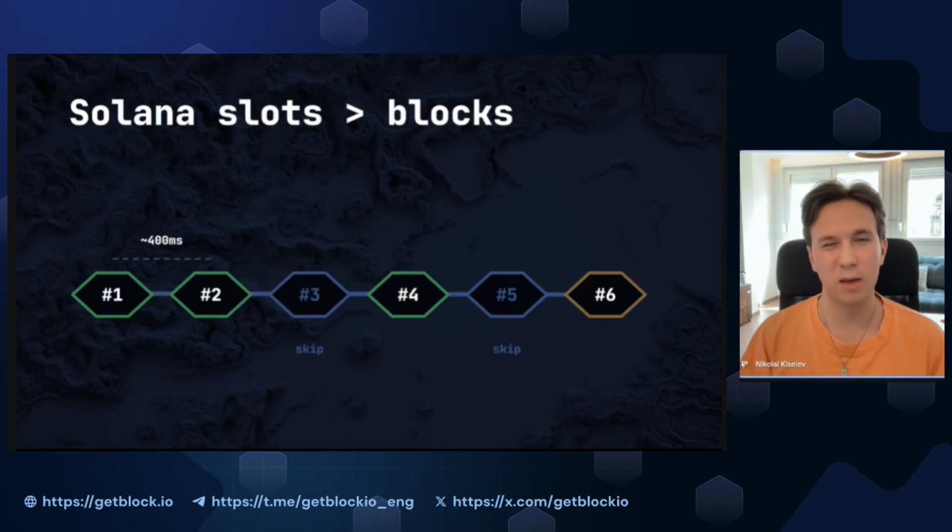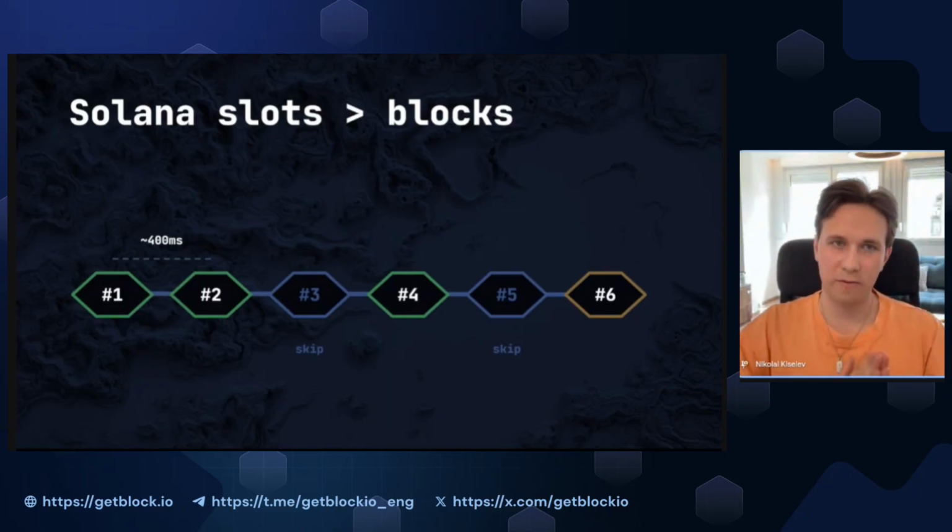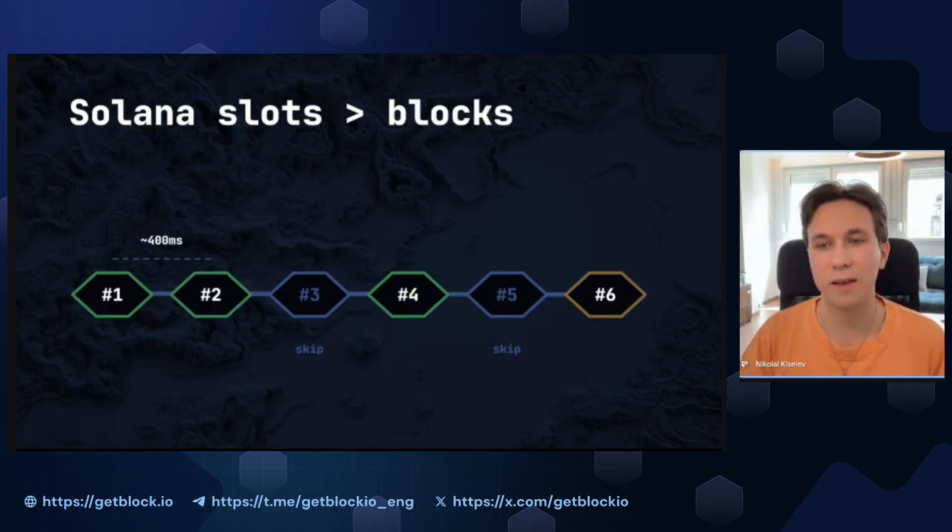It's fixed time, about 400 milliseconds between each slot, and it can be either a slot with a block, or a skipped slot. If there are not enough events or something happens like networking issues, it will be skipped. The idea is to have Solana slots fit one epoch, which is around 2 days, but because of skipped slots, not every single slot will be a block.